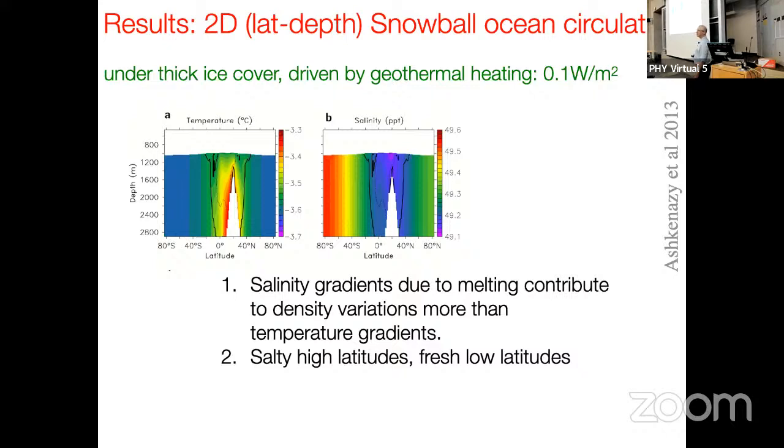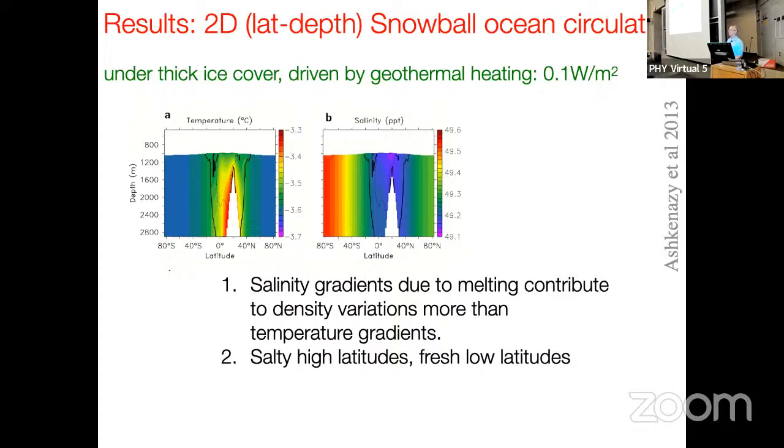There's also an ice flow, which we analyzed in different papers. And the density gradients, which control the currents, are dominated by salinity, not by temperature. Sorry, the effect of temperature on the density is negligible relative to the effect of salinity. So as far as the density is concerned, and thermal wind and so on, the main effect is salinity.